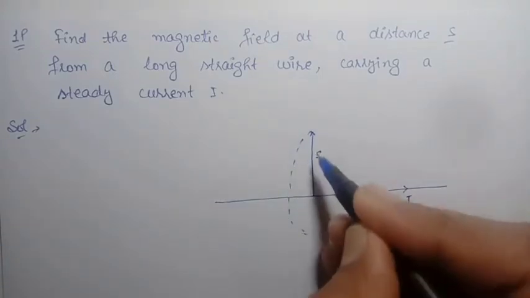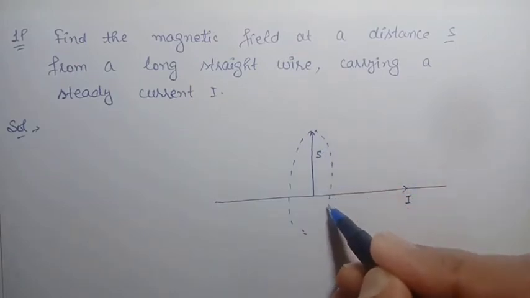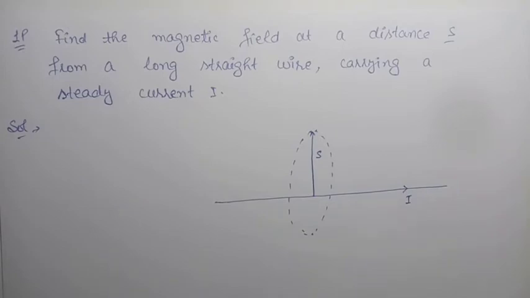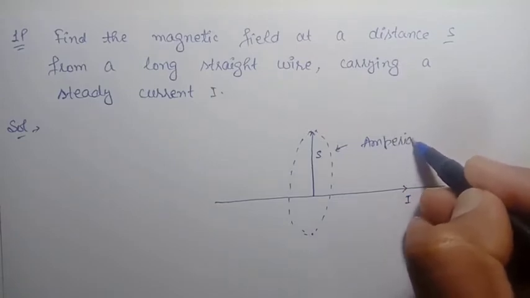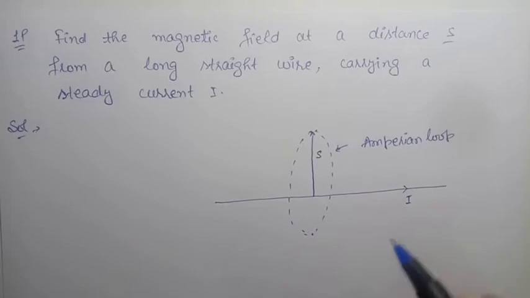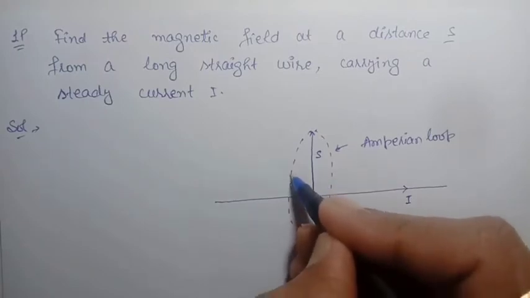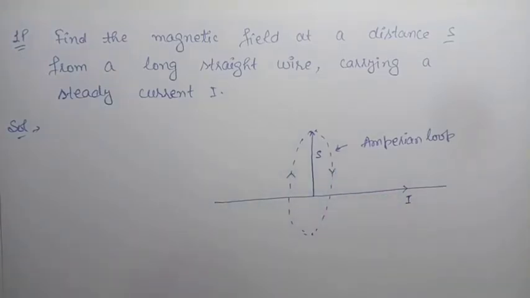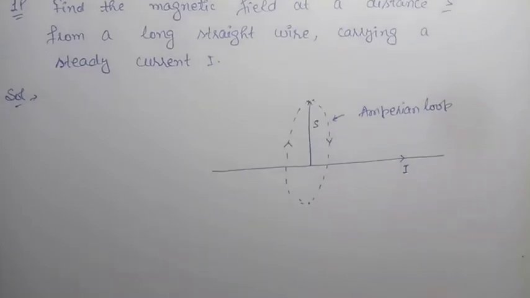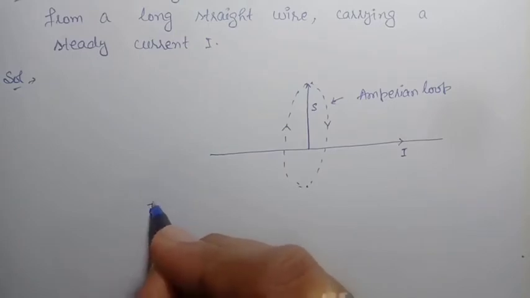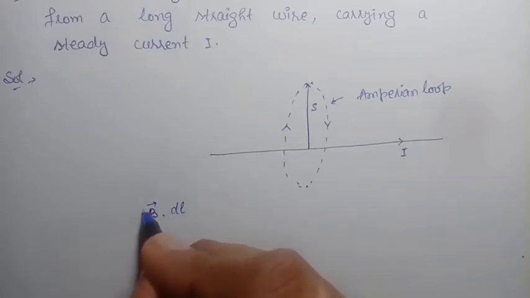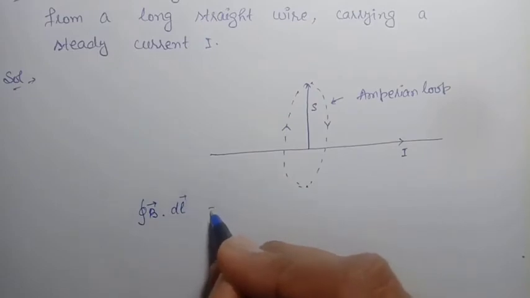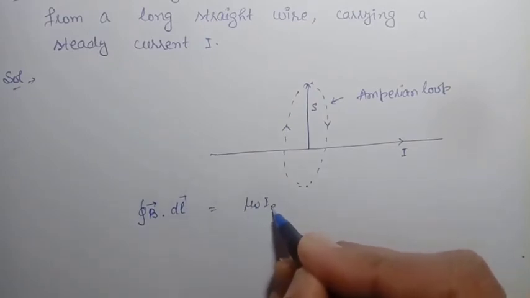Then suppose this is an Amperian loop. So here the direction of the magnetic field is this, and as per Ampere's law, B dot dl is equal to mu naught I enclosed.